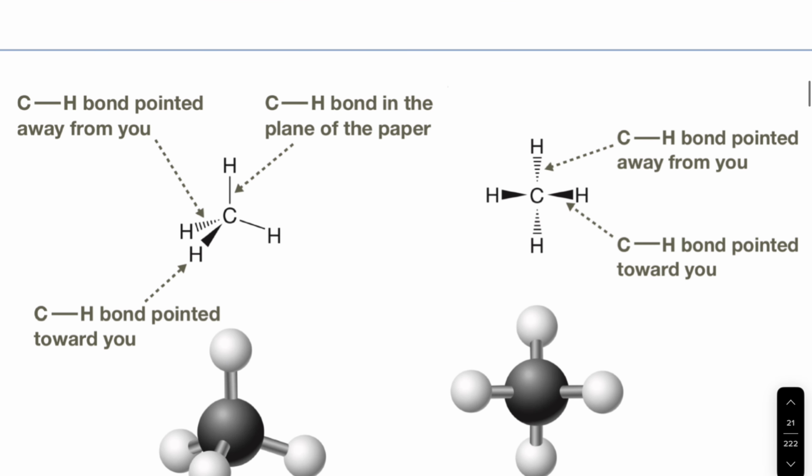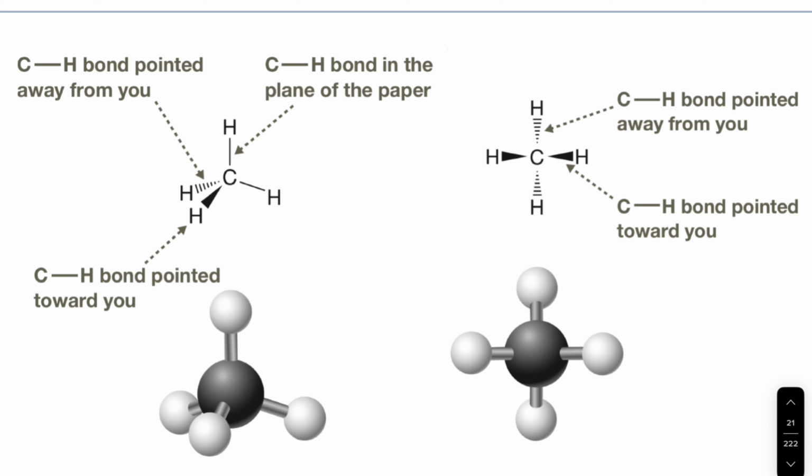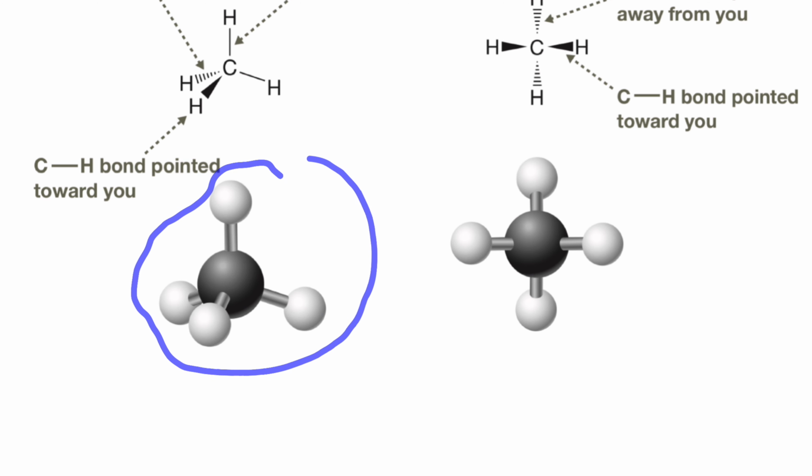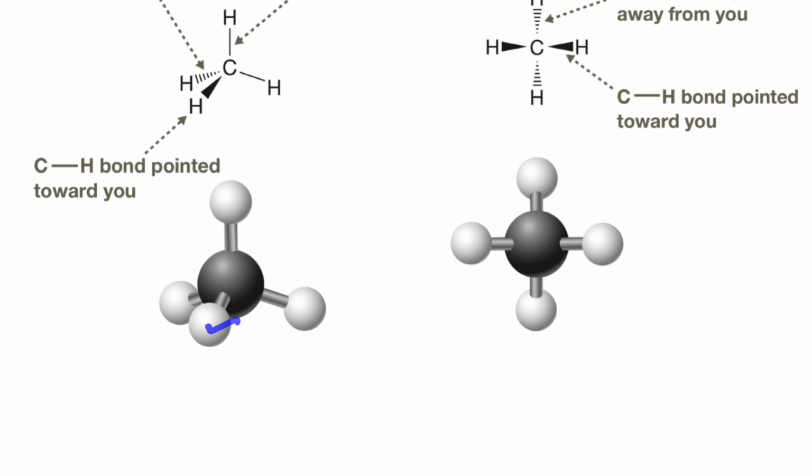If you take the example here, you can see all 4 bonds. This is a ball and stick model: these two are lying in the plane of the paper, this is above the plane and this is below the plane.